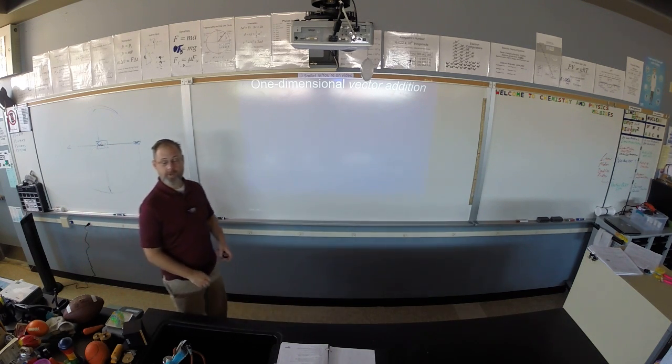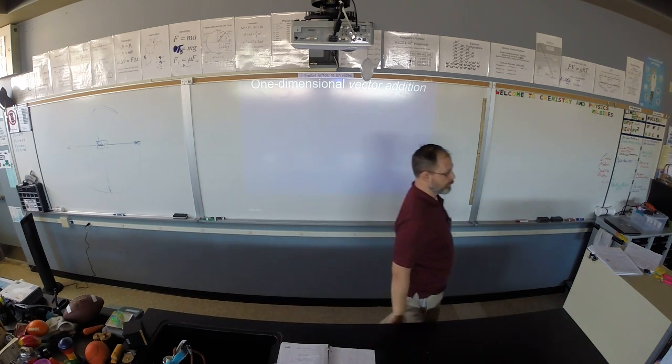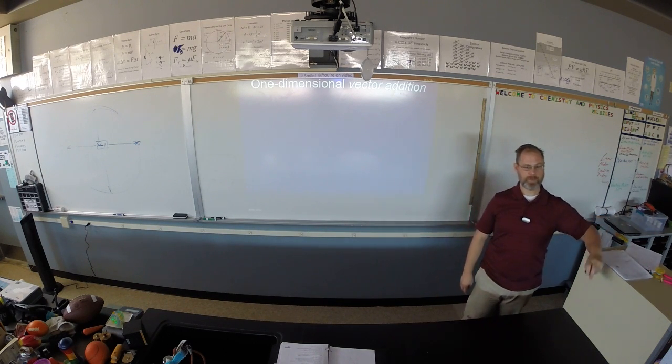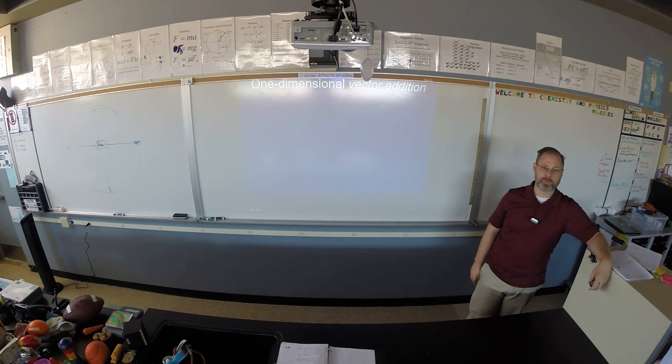Okay, now you've all done one-dimensional vector addition, believe it or not. You probably did it about 10 years ago, maybe 8 or 9 years ago. Remember number lines? Where you added things when you first learned about negatives in like 3rd or 4th grade, you first started learning about negatives, and you're like, oh, number lines. Well, that's what you were doing was one-dimensional vector addition.